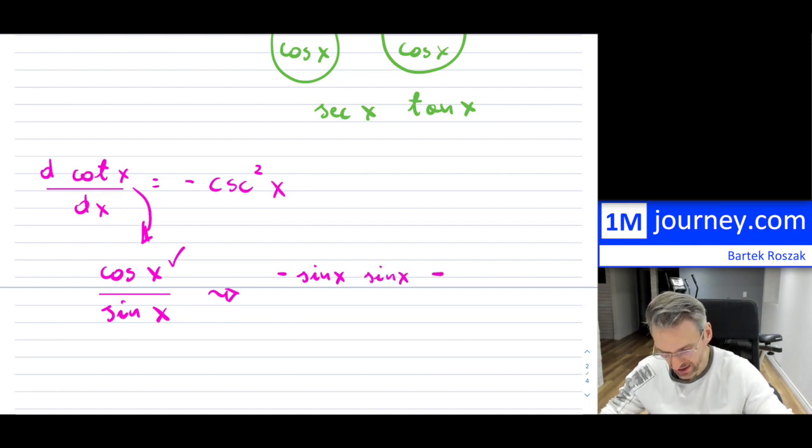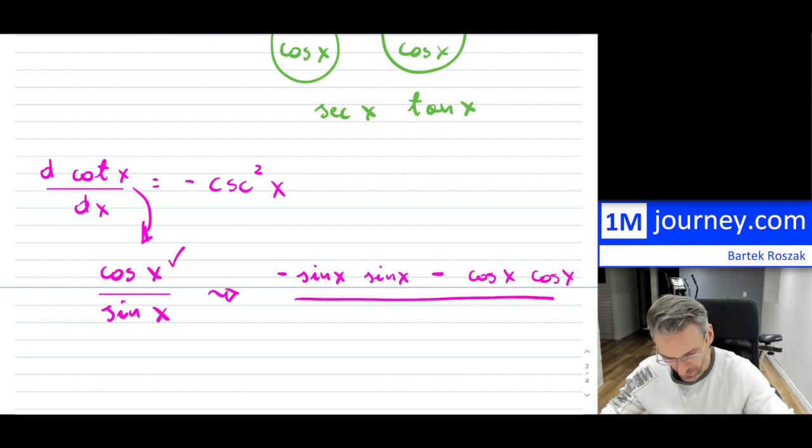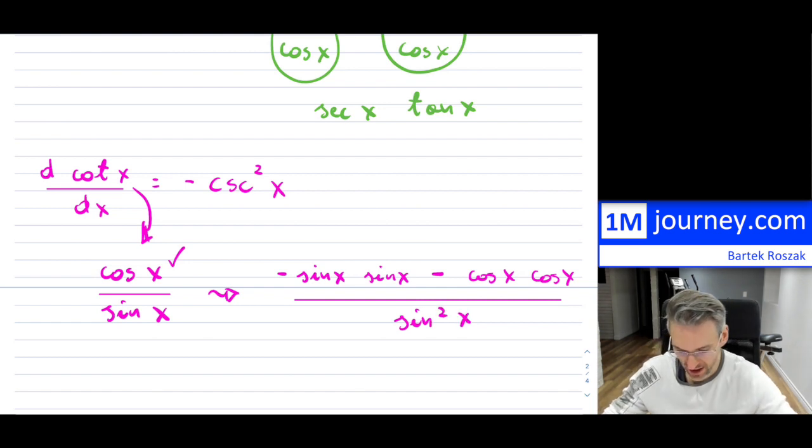Now you subtract by the quotient rule. This one will stay the same, so it's cos x. And now the derivative of the denominator, which is also cos x, all over. So as you take this, you will now take the denominator and square it. Well, squaring the denominator creates sine squared x right here.